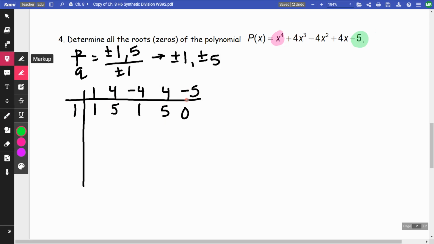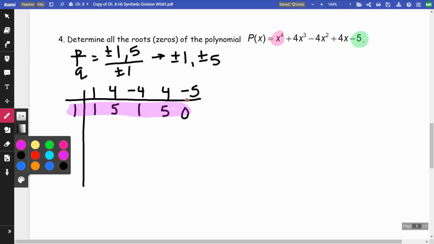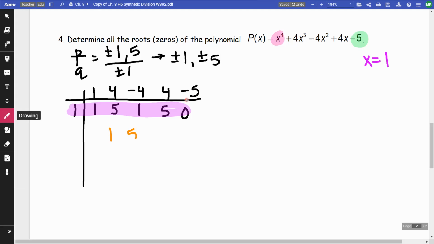Okay, so I have a 0 here. So I do have x equal 1 as a solution. I am now going to take 1, 5, 1, 5 and do a new synthetic division.